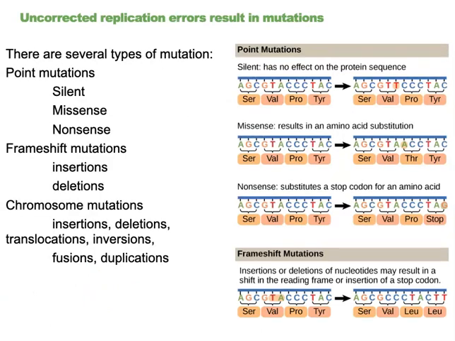So when you're thinking about what else can happen, uncorrected replication errors can also cause chromosomal mutations. So if you have some place where you've increased the likelihood of the translocation events that occurred back in the previous chapter, where inversions, fusions, and duplications can occur.